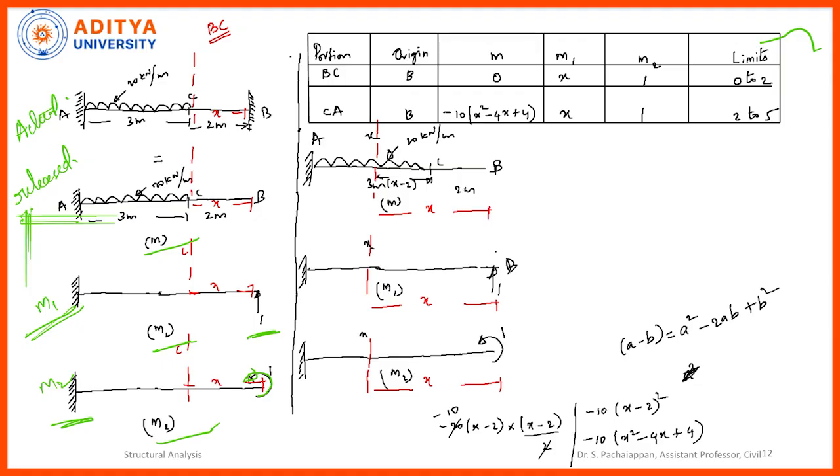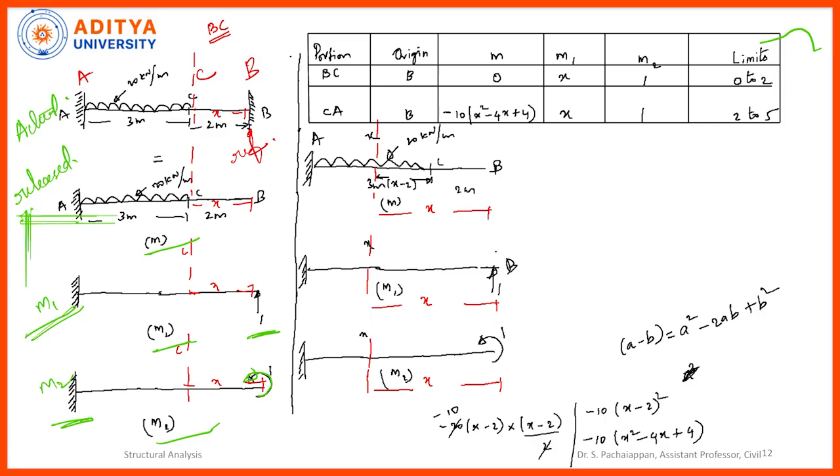Now coming to this table, which is very important in the flexibility matrix method. I am going to split this beam into two halves. One is A to C and then C to B. I consider this point as my reference point, so from here to here is the 2 meter distance.